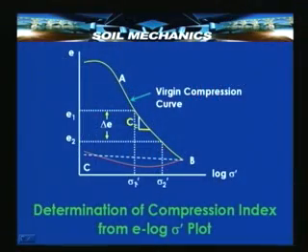That means we have increased the stress from sigma 1 dash to sigma 2 dash over a certain period of time, and correspondingly the void ratio has decreased from a value e1 to a value e2. So, when this change from e1 to e2 takes place and the stress changes from sigma 1 dash to sigma 2 dash, if the slope for this segment of linearity is Cc, then we can express the relationship between delta e and delta sigma in terms of Cc as follows.